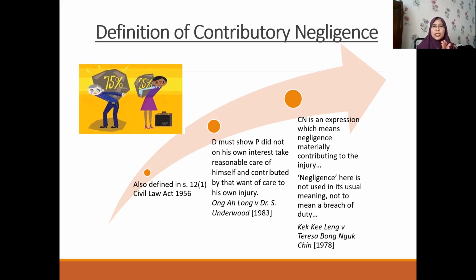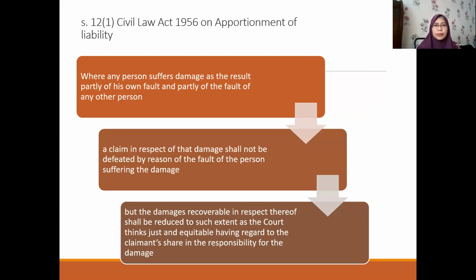So meaning that negligence here is not used in its usual meaning. Negligence doesn't mean breach of duty of care, breach of duty whatsoever. Okay? When we talk about negligence under contributory negligence, we focus on the part of the plaintiff rather than defendant. Okay? Whether plaintiff here contributed to his own injury by way of contributory negligence.